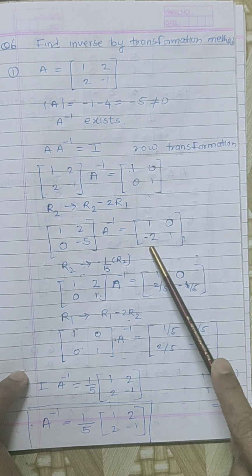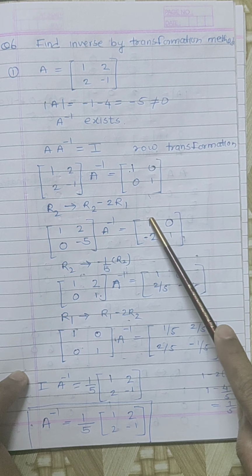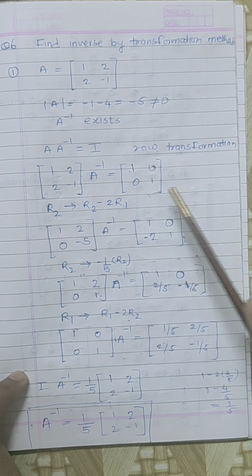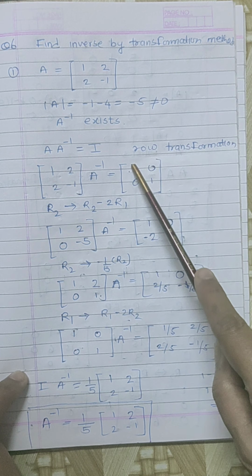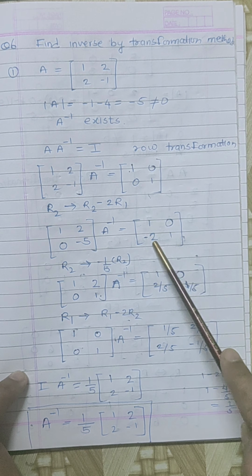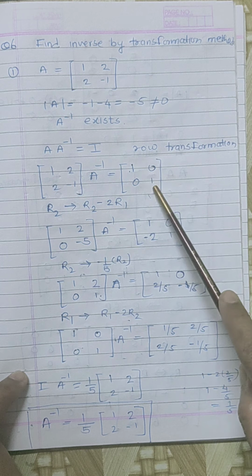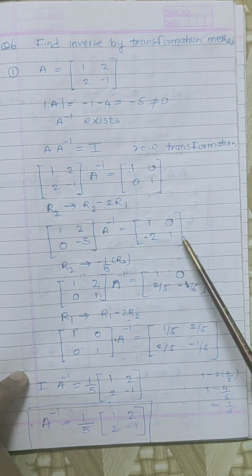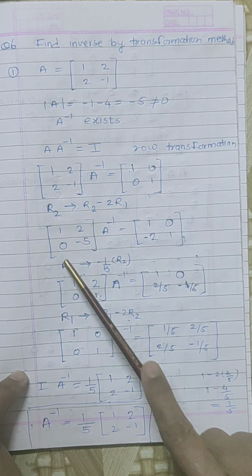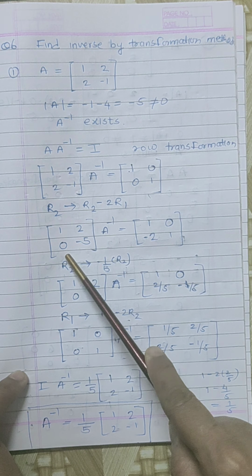So R2 minus 2 into R1: R2 means 0 minus 2 into R1 means minus 2 into 1 is minus 2, and R2 means 1 minus 2 into 0 is 0, so here it becomes 1. Now here it has become 0.